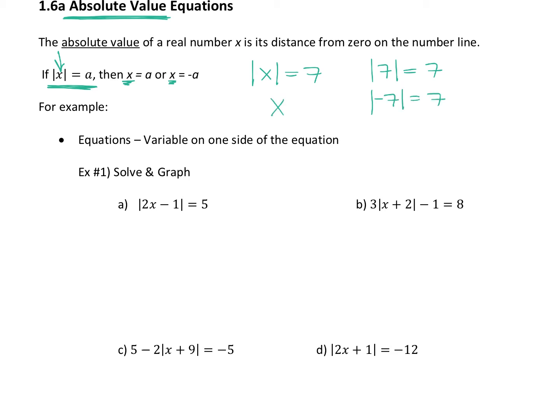So x could be 7 or negative 7, okay? By the way, when you have two answers that are the positive and negative of the same number, I'm totally fine with you writing it like this, plus or minus 7, positive or negative 7, okay?